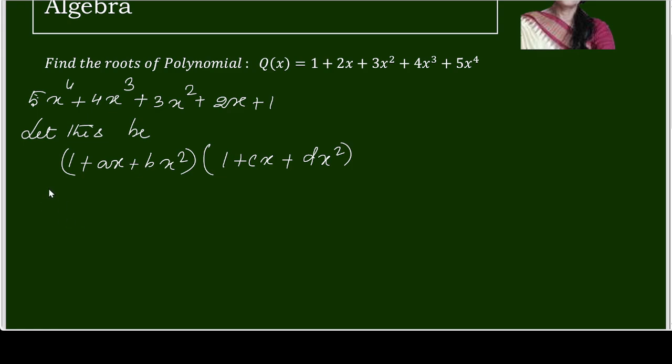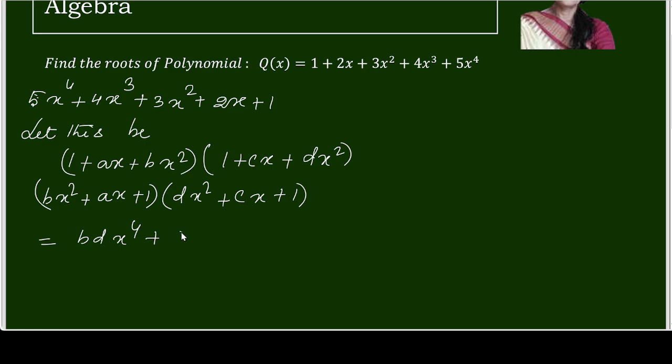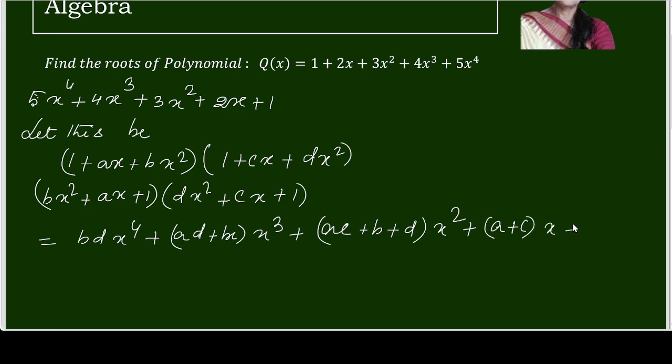Now rewriting in a general form, I can write bx square plus ax plus 1 and dx square plus cx plus 1. When I multiply, I'm getting bd x power 4 and here (ad plus bc) x cube plus (ac plus b plus d) x square plus (a plus c) x plus 1.